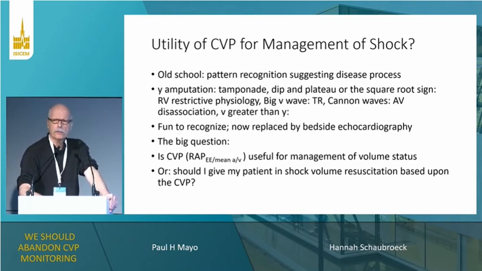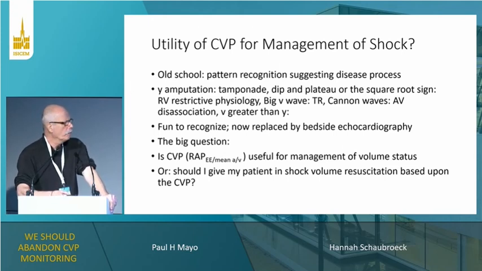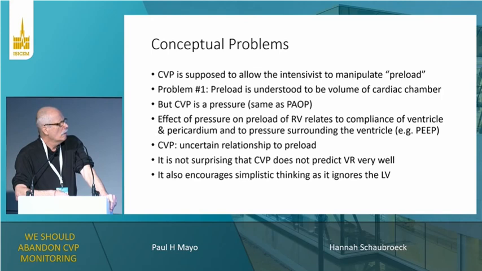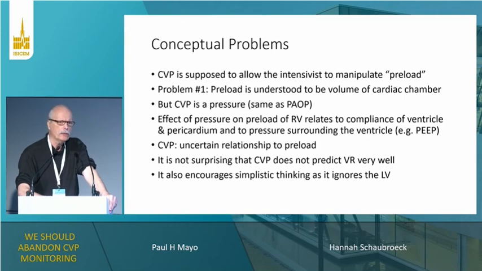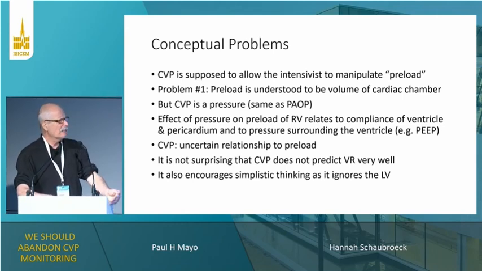I thank Dr. Teboul for reminding us that for prediction of volume responsiveness, it has no utility. I'm glad we agree on that. But there are conceptual problems to the idea that it reflects in any way the, quote, preload of the RV, because as I understand it, preload reflects the volume of the ventricle.